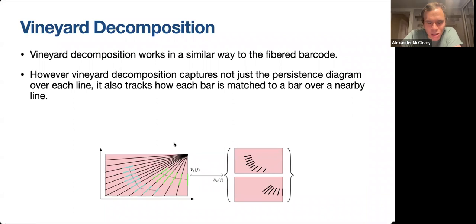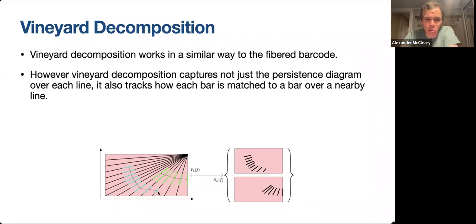So let's look at this box in the lower left here. We have all of these black lines slicing our persistence module. Let's say we get these green bars in the lines that have green bars. The Vineyards algorithm is going to let us match those up and say that this green bar is the same as this one here, is the same as this one here, and so on.